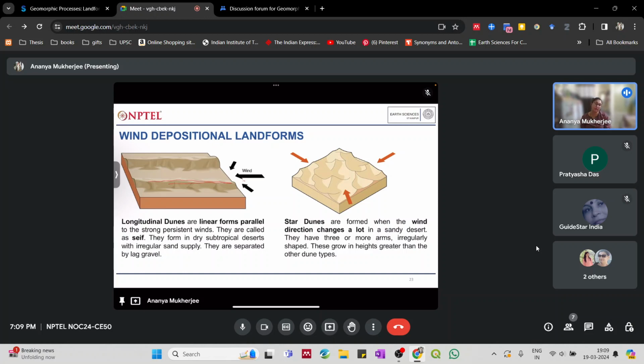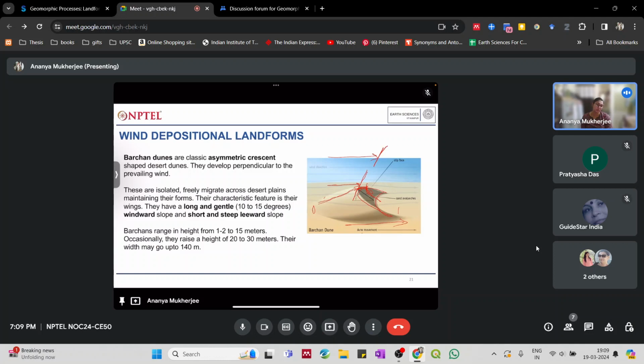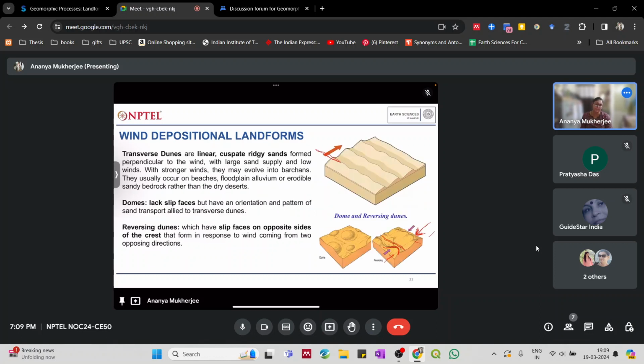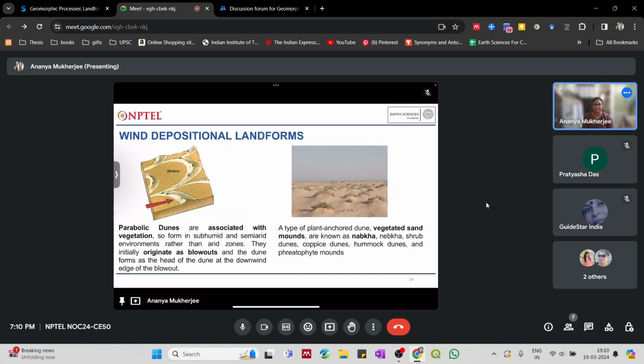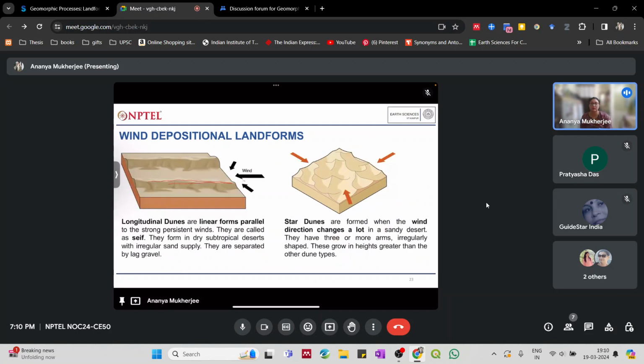For Barchan dunes, we saw that the crest is essentially perpendicular to the wind direction, but in longitudinal dunes the crest forms parallel to the wind direction.